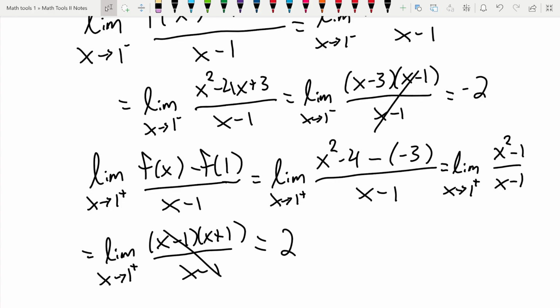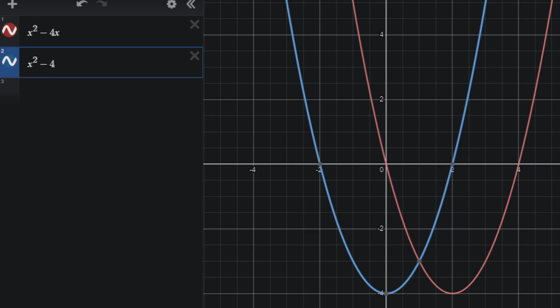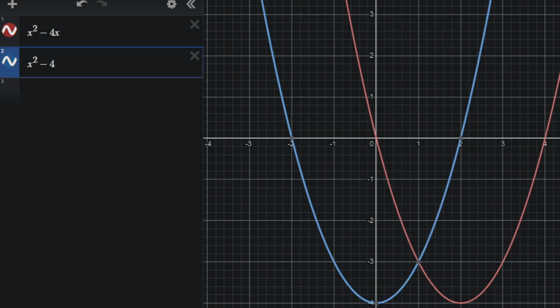So this means that this function would not be differentiable at 1 because the left hand and right hand derivatives are different. It could go either way looking at the graph, but it does look like a pretty sharp transition here, which is typically where derivatives do not exist. So not too surprising here.